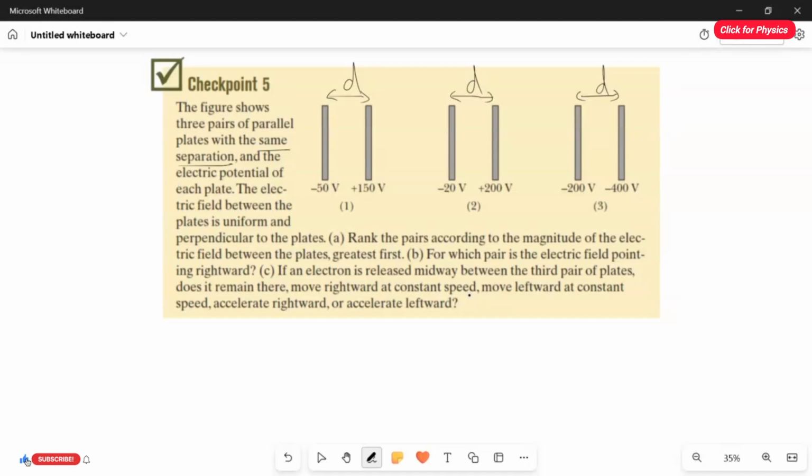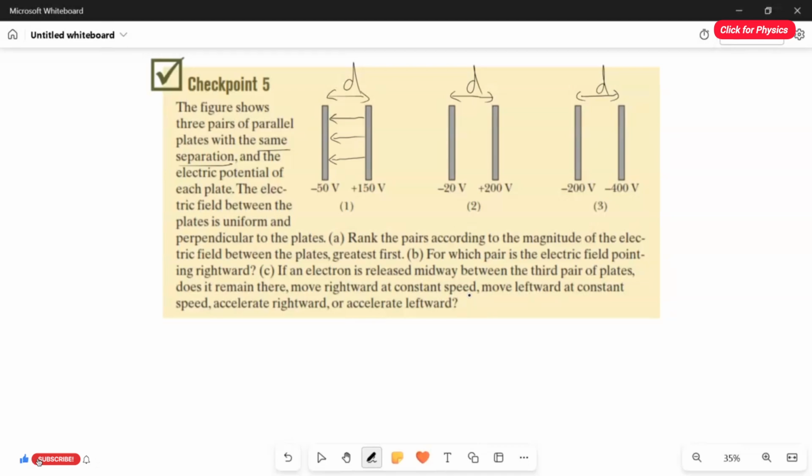They also mention that between the plates the field is uniform and perpendicular to the plates, meaning it moves exactly perpendicular to the plates. So the second plate is at the higher potential and the first one is at the lowest potential, so the electric field lines point from the positive side to the negative side. Am I right? So this is the direction of the electric field for the first pair of plates.